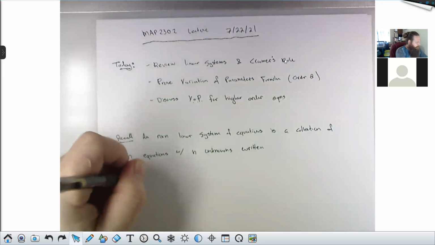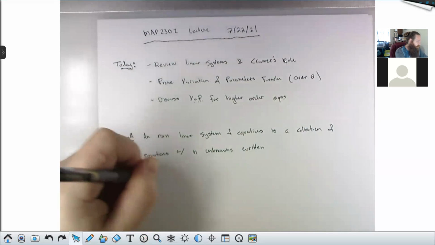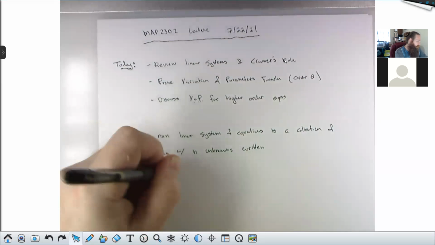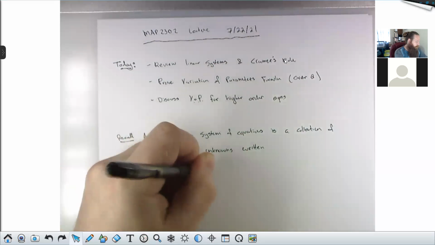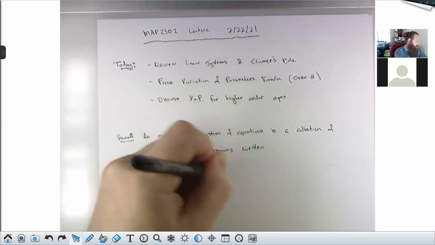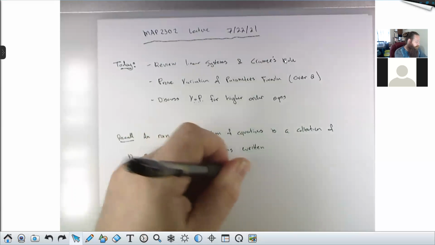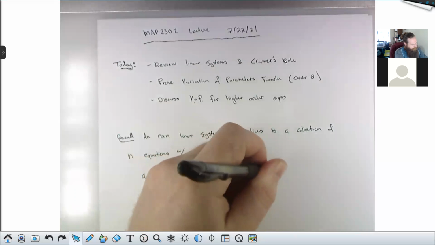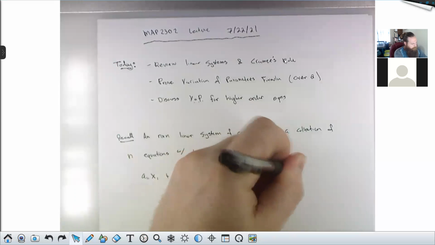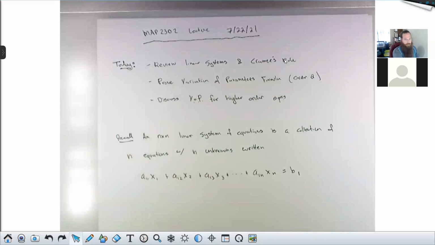Usually we'd write this as something like a11 x1 plus a12 x2 plus a13 x3 plus, and there you go all the way out to a1n xn, and that's going to be equal to something like, let's say, b1. So that's your first equation. The a's here, a11, a12, a13, a1n, all of those are just numbers, and your variables are x1, x2, x3 up to xn.